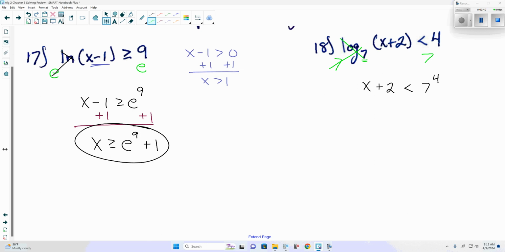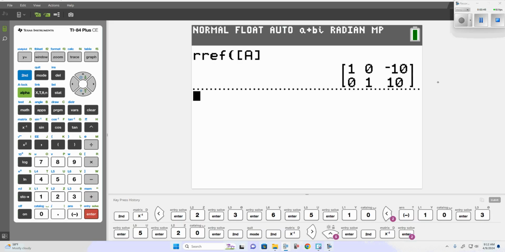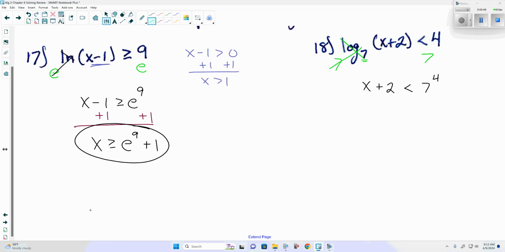If the base is a number, there's a good chance we can simplify it. 7 to the 4th is 2401. So we're saying x plus 2 is less than 2401. Then we would indeed subtract 2. X is less than 2399. Questions on how we got to this here?